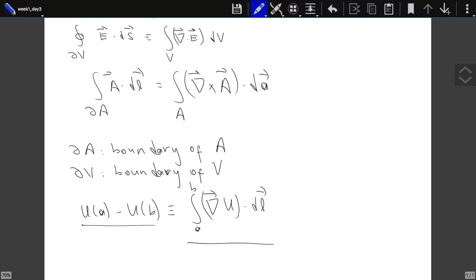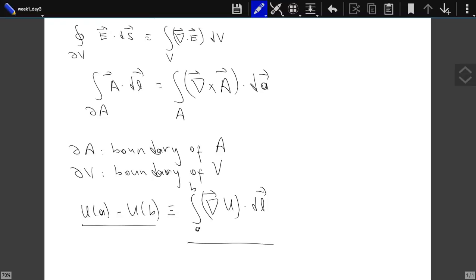If you have a line, the boundary is just the 2 points, which just means you take the difference of the value of the function. If you have an area and you are integrating a derivative over it, you can write it as an integral over only the boundary. And similarly for the volume, you can convert it into an integral over the boundary.